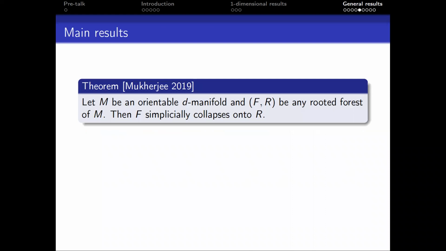So the result can be phrased as follows: if you have an orientable d-manifold and a rooted forest, then F simplicially collapses onto R. That means that when you have triangulations or simplicial decompositions of nice manifolds, you don't have these torsion issues.